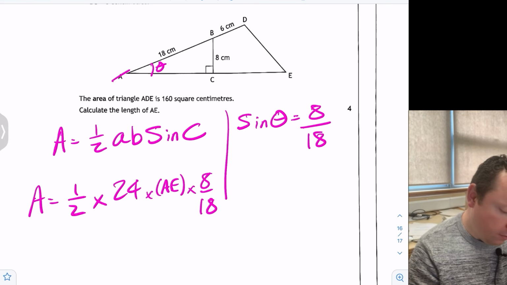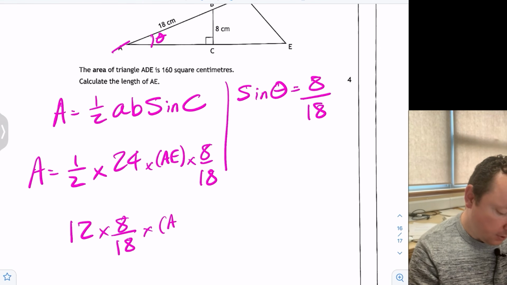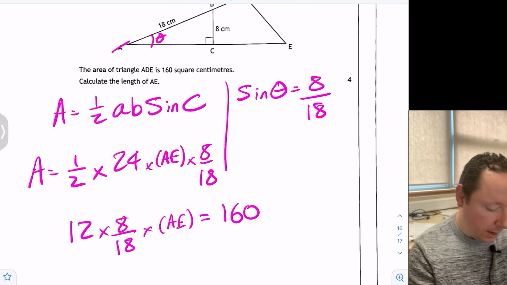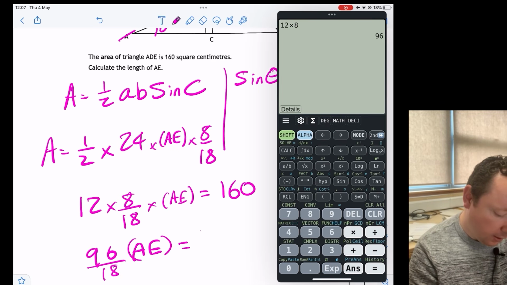But remember, our area is 160, so a half of 24 is 12, so we've got 12 times 8/18 times AE equals 160. So we can work on that. 12 times 8 is 96, so we get 96/18 times some side AE equals 160.